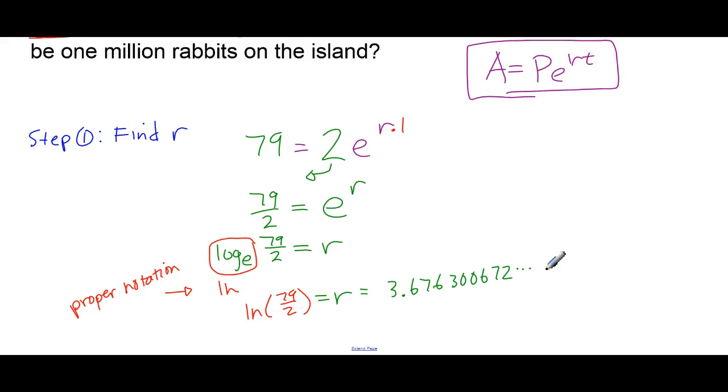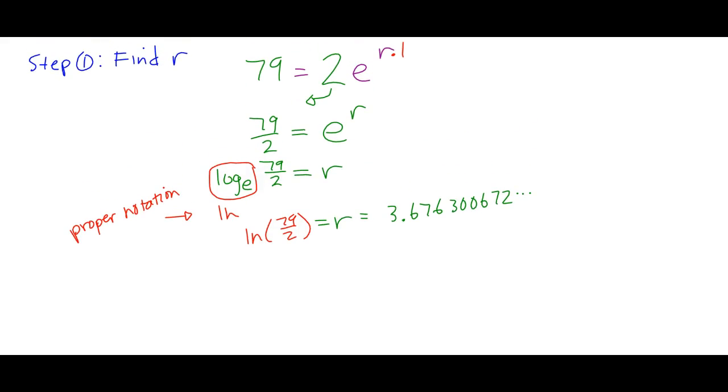I'm going to use natural log of 79 over 2 because that's easier to write. It's less complicated to write it out. So now, in step 2, what you do is you use r in the formula to answer the question.